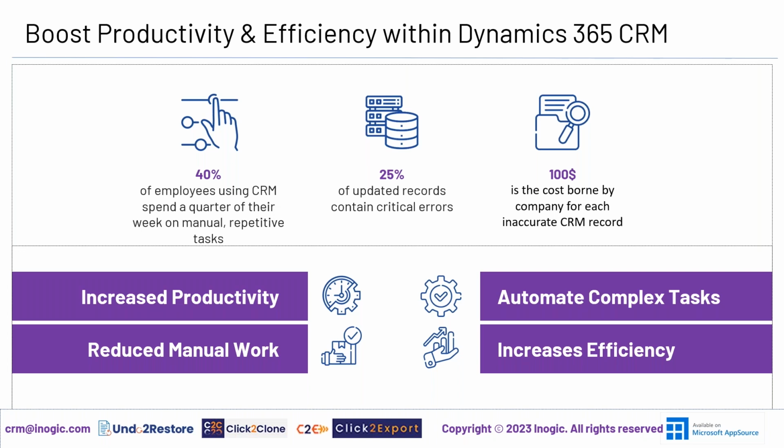Now, when they are working on these manual tasks, 25% of the records that are updated on the CRM contain critical errors, and $100 is the cost borne by the company for each inaccurate CRM record.